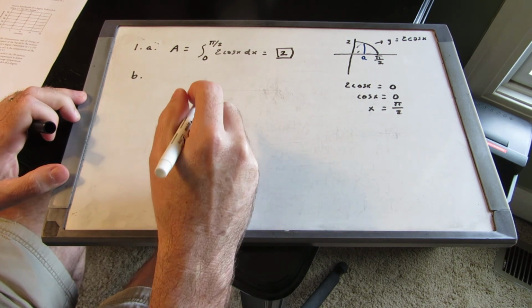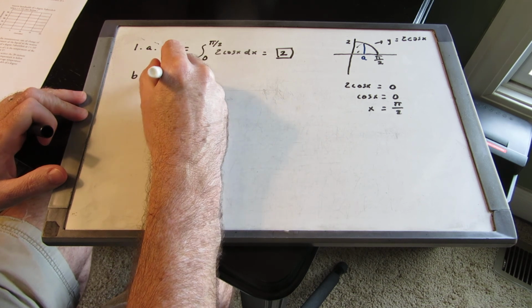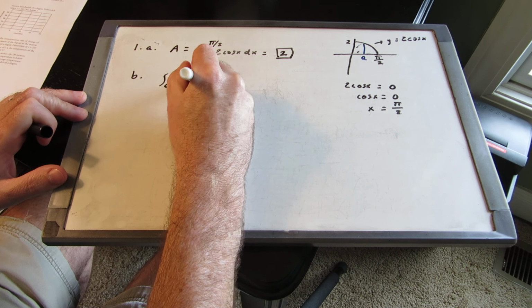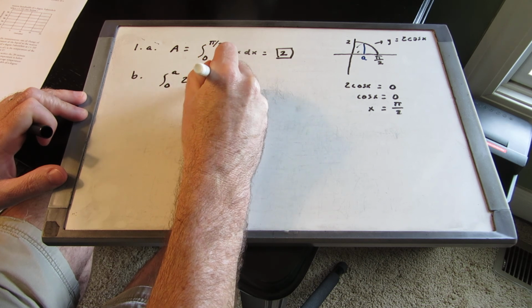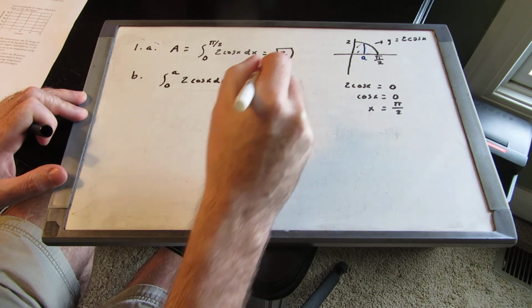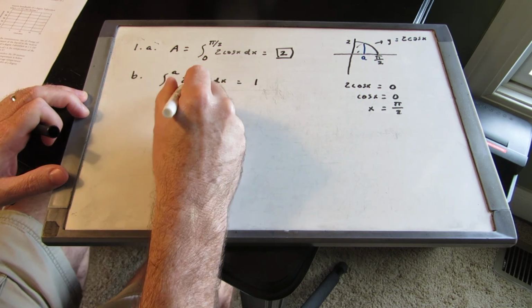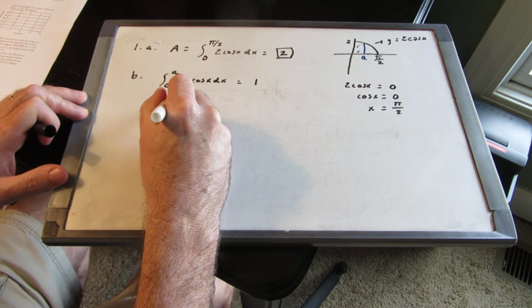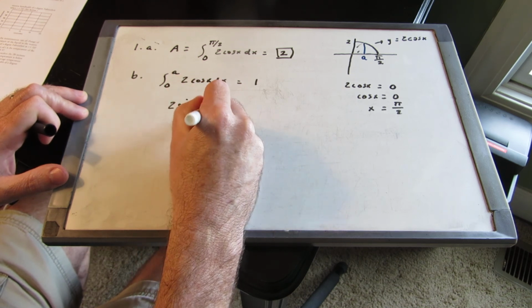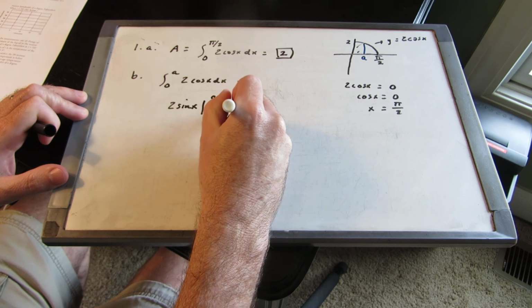So we could set this up as the integral from 0 to a of 2 cosine x dx. That's the area from 0 to a, which is equal to 1, since it's half of it. Integrating 2 cosine x gives 2 sine x. Evaluating that from 0 to a equals 1.